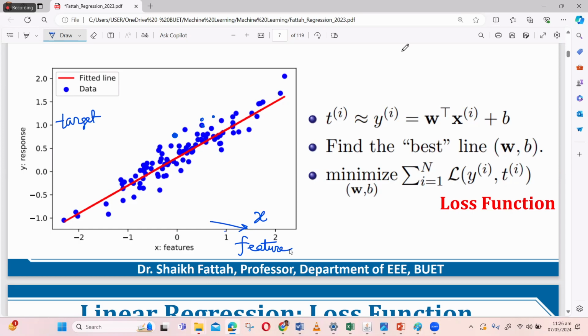In our last class, we were studying how we can fit these data points. Our example was that on the x-axis we have feature values, like the weight of the baby, and on the y-axis, their IQ.